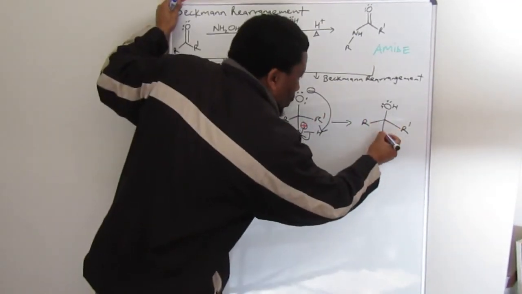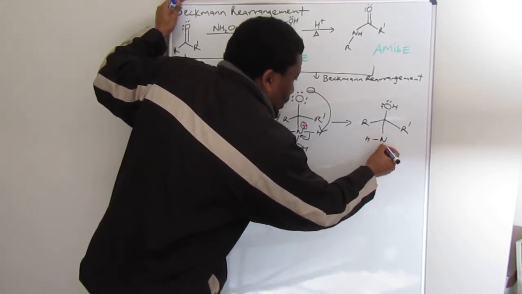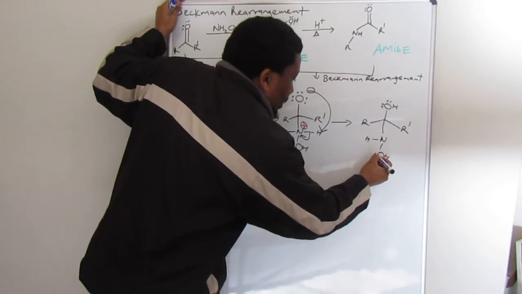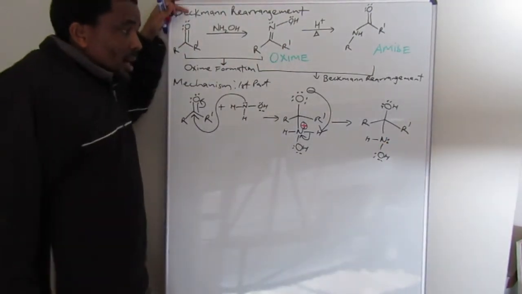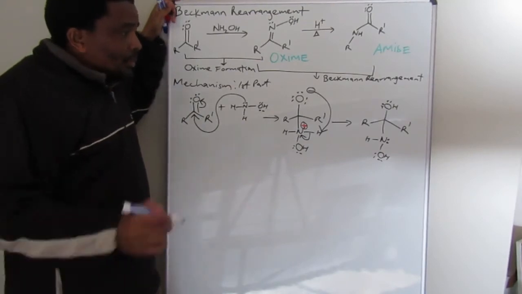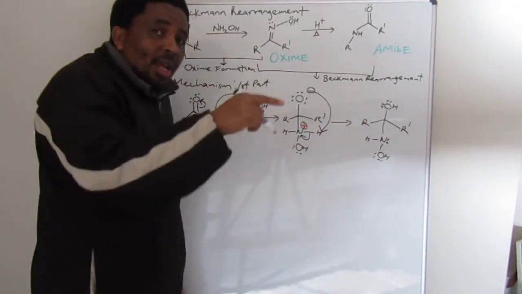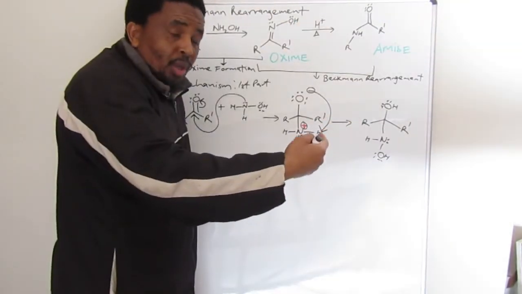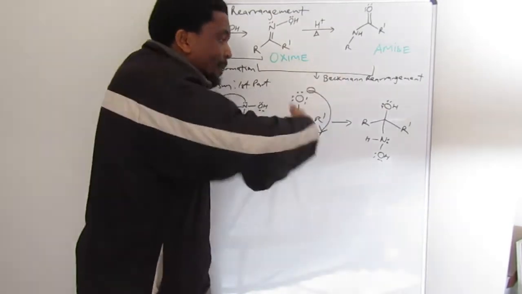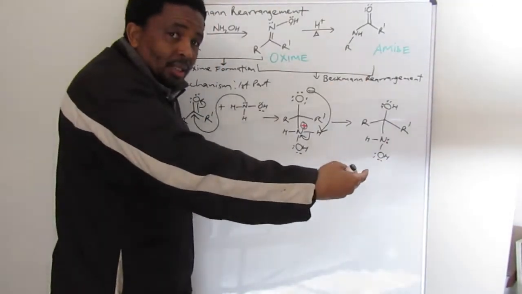Then we have our nitrogen bonded to hydrogen, bonded to OH, and a lone pair on that nitrogen. Now the OH group that we have there is a bad leaving group. In order for it to leave, it needs to be protonated.